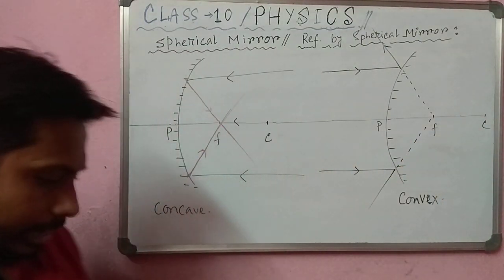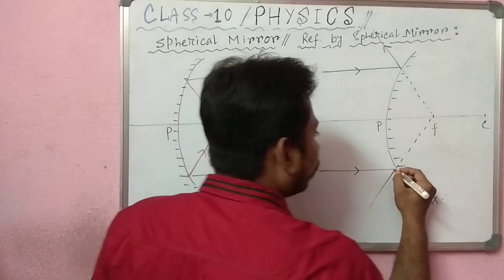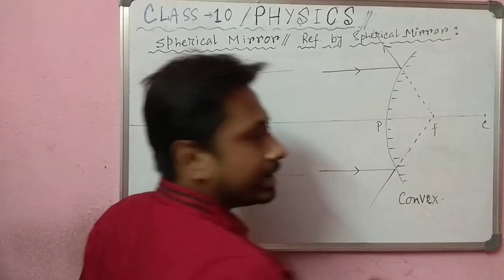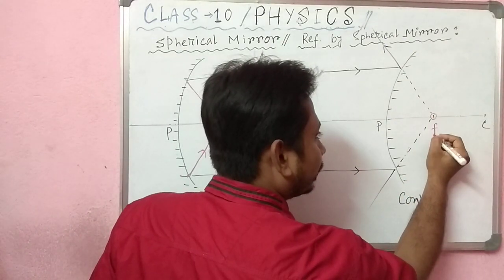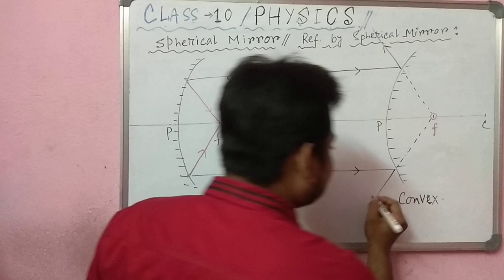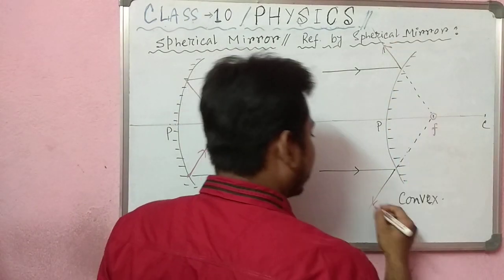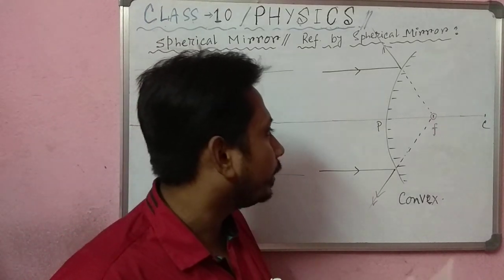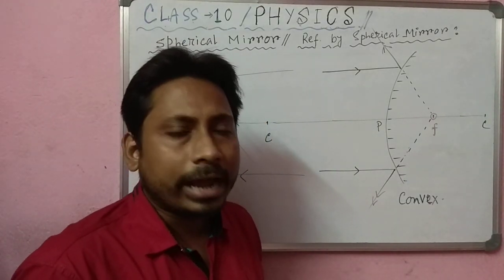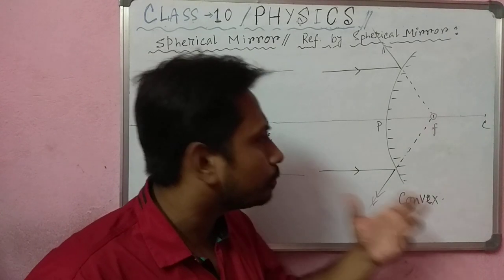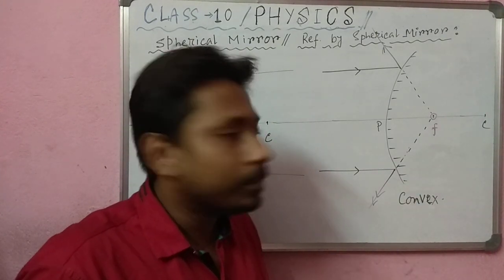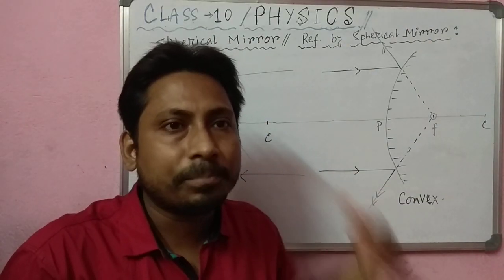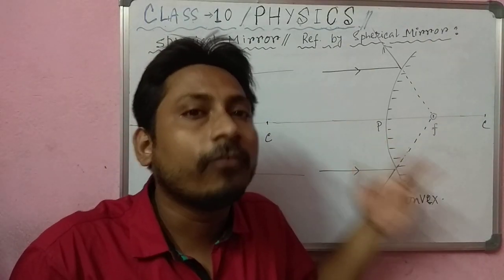Now students, if you elongate these two lines, you can see these two lines intersect at that point. The name of the point is the focus. So actually the ray of light goes out like this, but it seems to meet at a point. This point is called a focus, and you might say this point is actually a virtual point, because in reality it doesn't exist, since it is behind the mirror. Anything behind the mirror we can say is virtual.